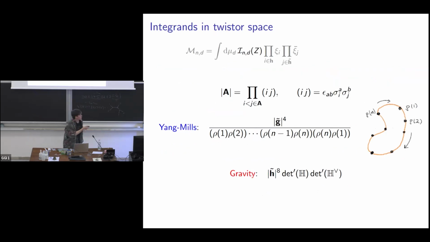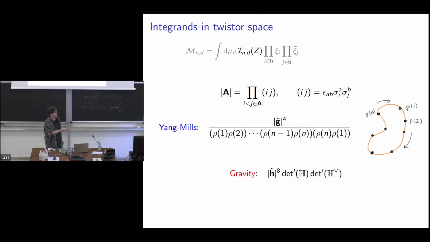So now let's have a look at these integrands. We're going to need these two objects. This is known as the Vandermonde determinant of a set A of the marked points. And we use the natural inner product on CP1 for these points here.